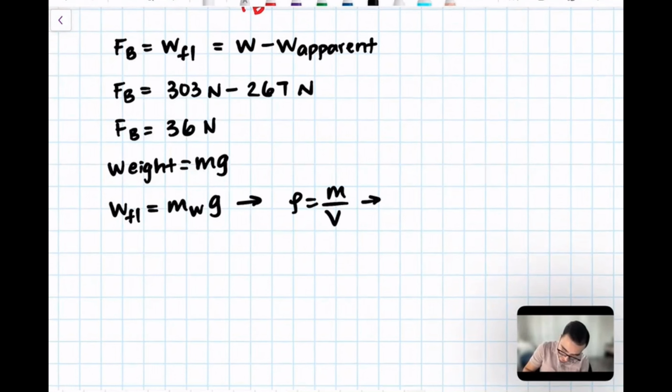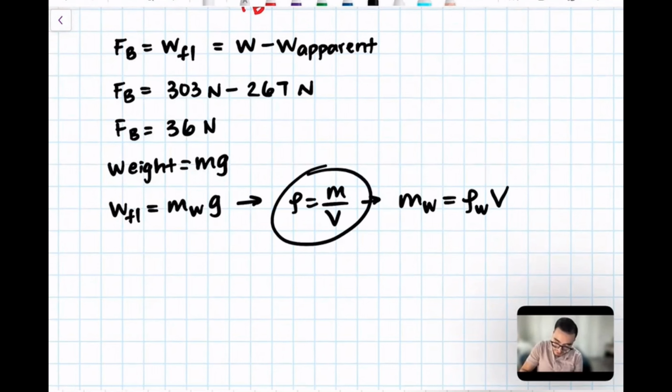Then we can say that the mass of the water, for this case, is going to be the density of the water times the volume of the water. What I did is I simply multiplied both sides of this equation by volume, and then I ended up with mass is equal to density times volume.